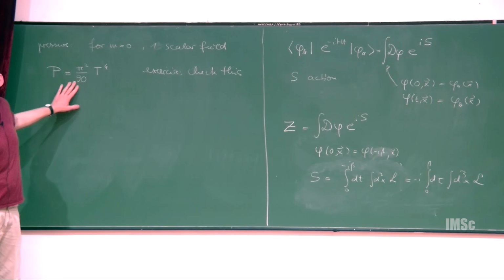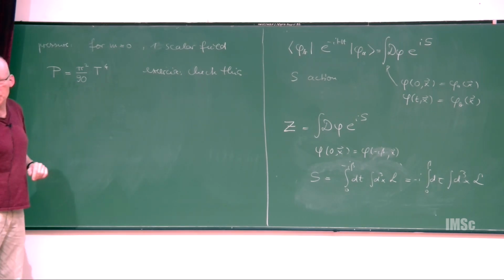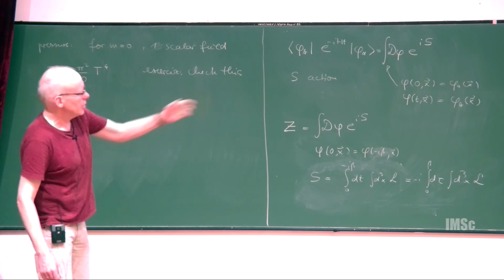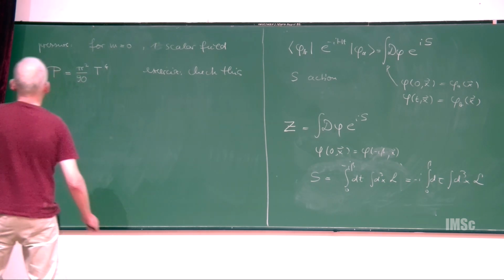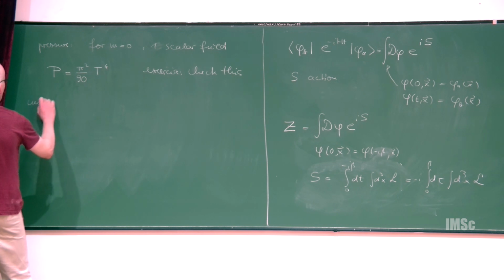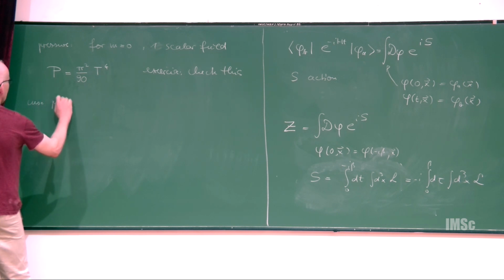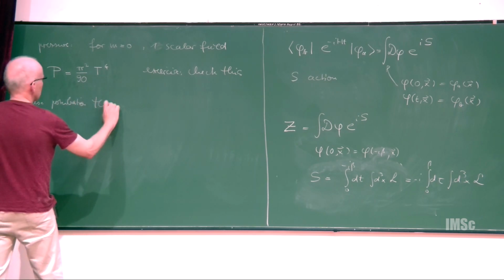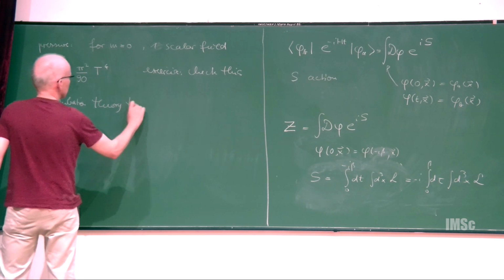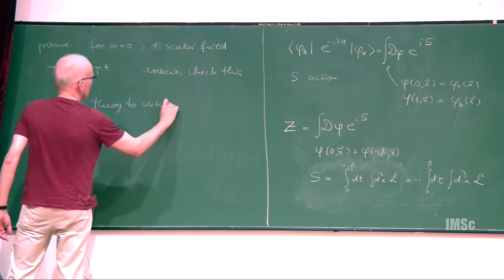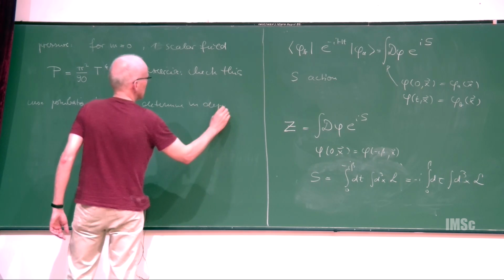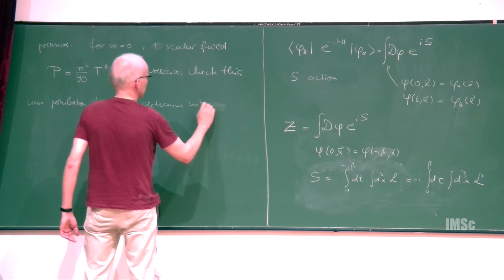If you have a non-zero mass which is much less than the temperature, then there will be a correction here, and that you can obtain using perturbation theory. So we use perturbation theory to determine the m-dependence, the m squared corrections.